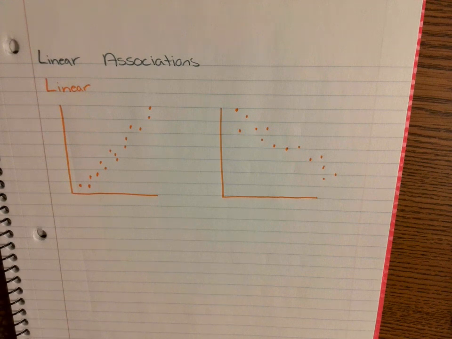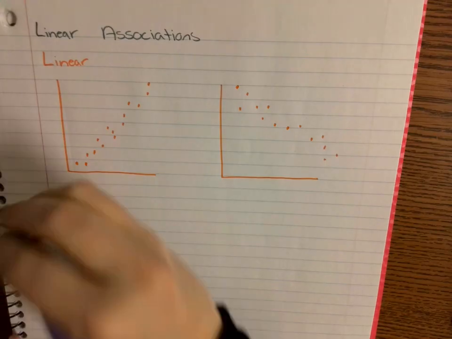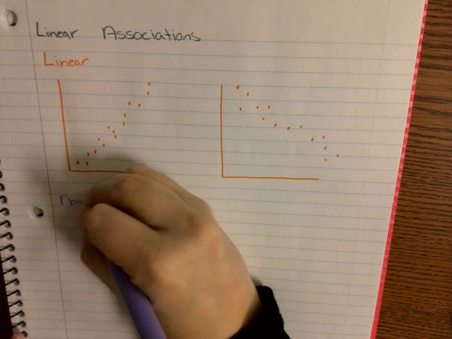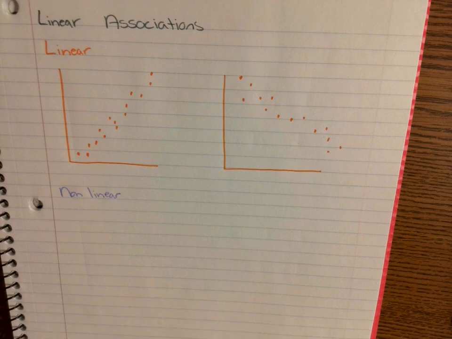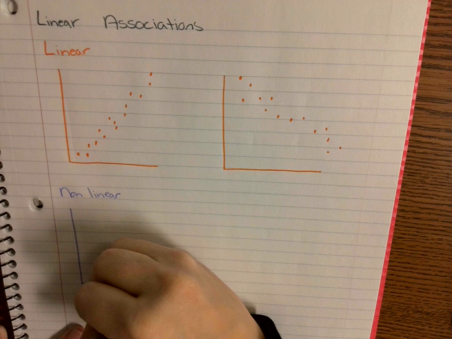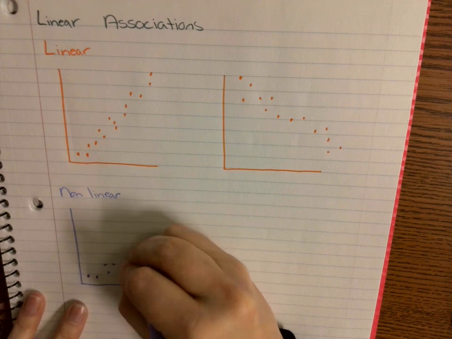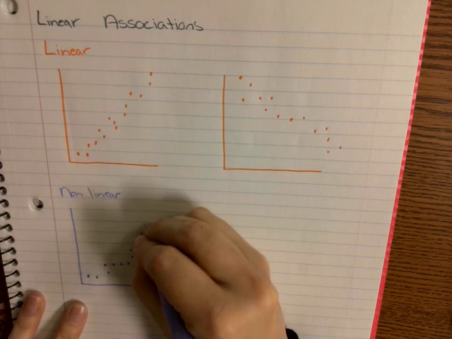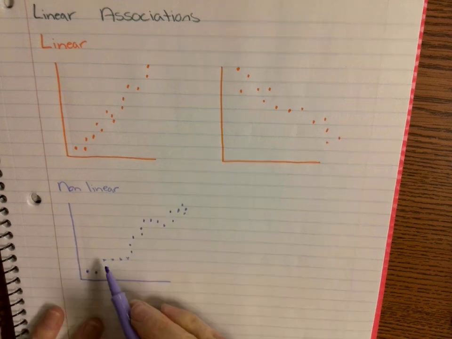Then you have what's considered to be the nonlinear. So nonlinear means it's going to have curve to it. But you can still have nonlinear, positive nonlinear, and negative nonlinear relationships as well. Okay, so here's going to be an example of a positive nonlinear. Where it has a curve that's going against it.